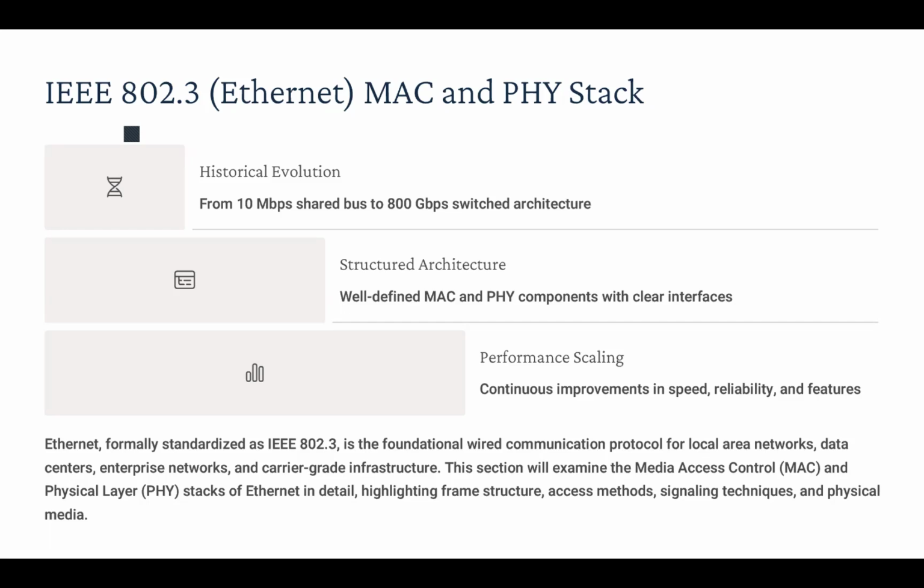Ethernet uses 48-bit MAC addresses for device identification and supports unicast, multicast, and broadcast with optional VLAN tagging.